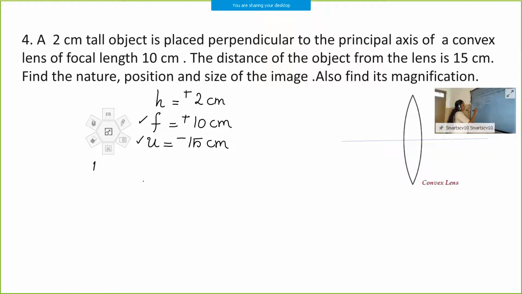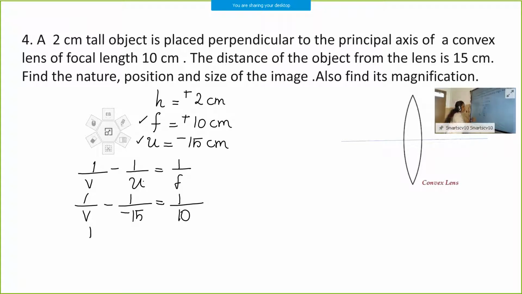Using which equation? Lens formula, 1 by v minus 1 by u is equal to 1 by f. So v you have to find out. So 1 by v minus 1 by minus 15 is equal to 1 by plus 10. So what is 1 by v?